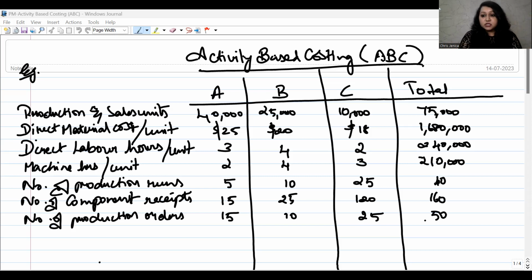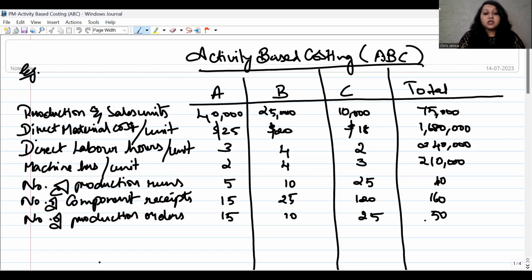Basically, what is the information we have? We have three products, that is A, B, and C. Here you have production and sales of 40,000 units of A, 25,000 units of product B produced and sold, and 10,000 units of product C produced and sold. So in total you have 75,000 units of production and sales.